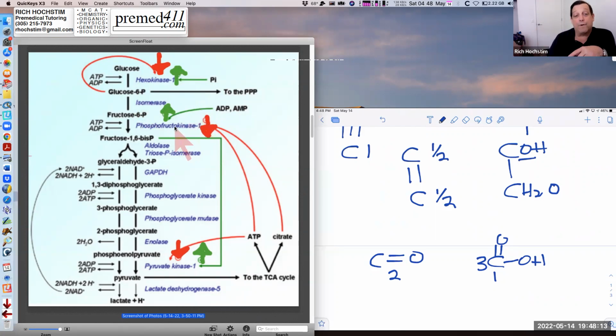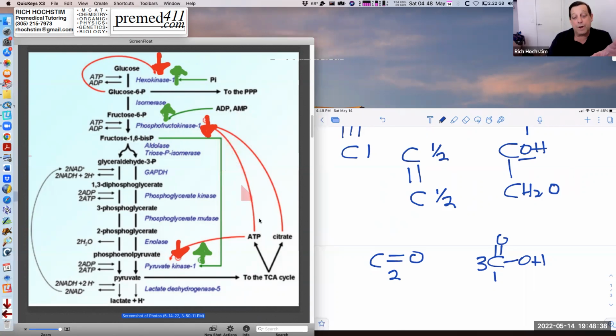Now, if we come over here, this is pretty straightforward. When you have a lot of AMP, a lot of ADP, you don't have a lot of ATP. So that means that you would upregulate this. You would say, I want this to go faster because we don't have enough stuff here.